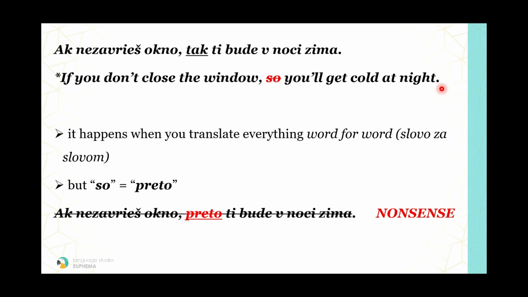Well, this word so is not really correct here, right? This happens to those who like to translate everything word for word. So they want to translate tak, right? And they use the word so, but it is wrong because in English, the meaning of it is preto, that's why, therefore. Okay? So you can see, ak nezavrieš okno, preto ti bude v noci zima. That's nonsense, right? Doesn't make any sense.